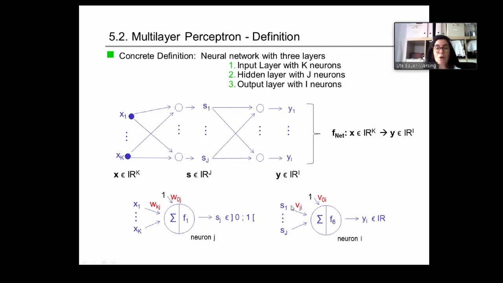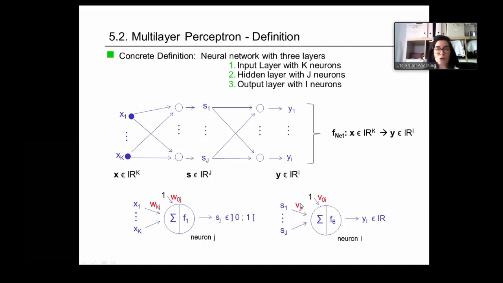And we also have weights in the neurons in the output layer. To distinguish between weights of the hidden layer and weights of the output layer, we are using the symbol V for the weights of the neurons in the output layer. Otherwise, we would have to include another superscript to distinguish between layers.